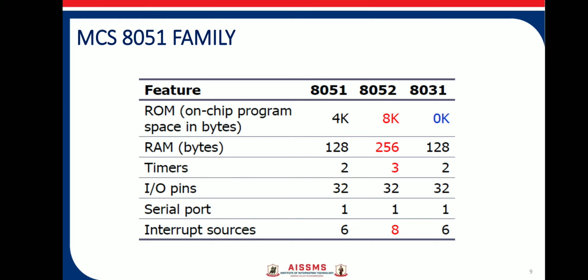The 8031 has 0 KB of on-chip ROM, but we can connect the ROM externally. It has 128 bytes of RAM, 2 timers, 32 IO pins, 1 serial port and 6 interrupt sources.